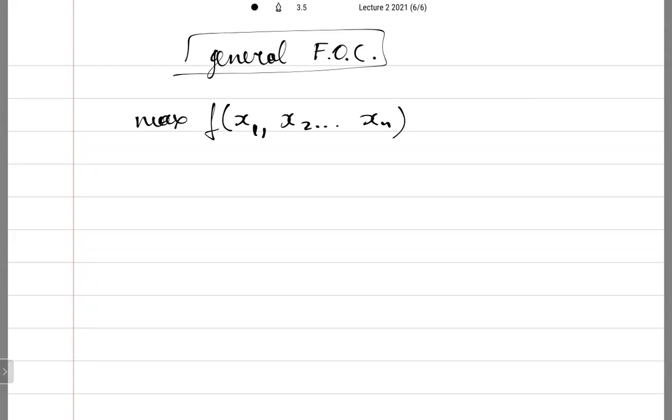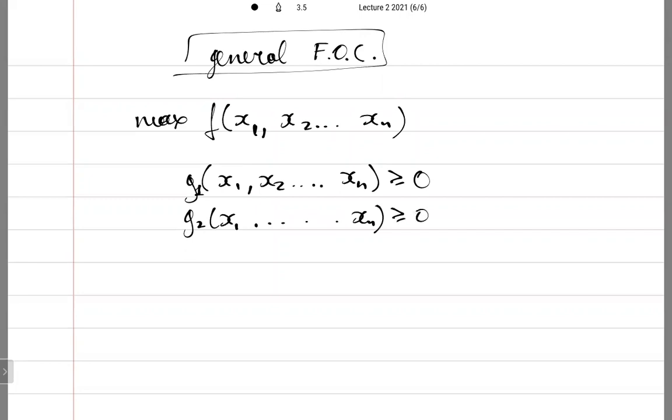So the general first order condition will be like this. And you have some conditions like g1 of x1, x2, xn is greater than 0, g2 of x1, xn is greater than 0, and let's say gk of x1, xn is greater than 0. Okay?